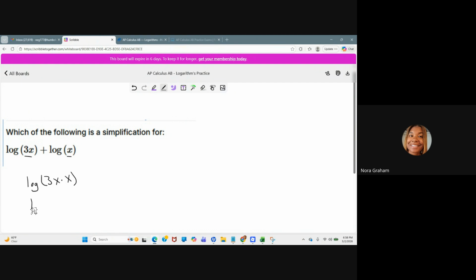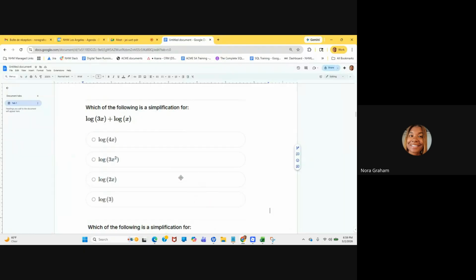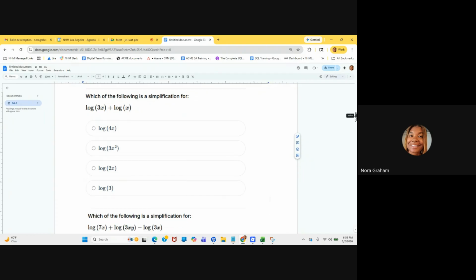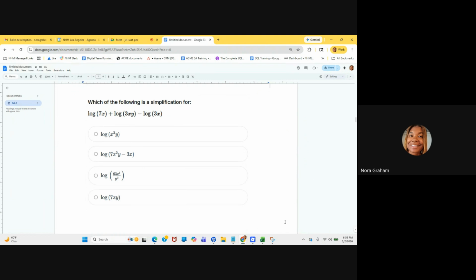Combining this is just algebra: 3x times x is going to be 3x squared. So we have log 3x squared, and I believe that's going to be the answer for that one.